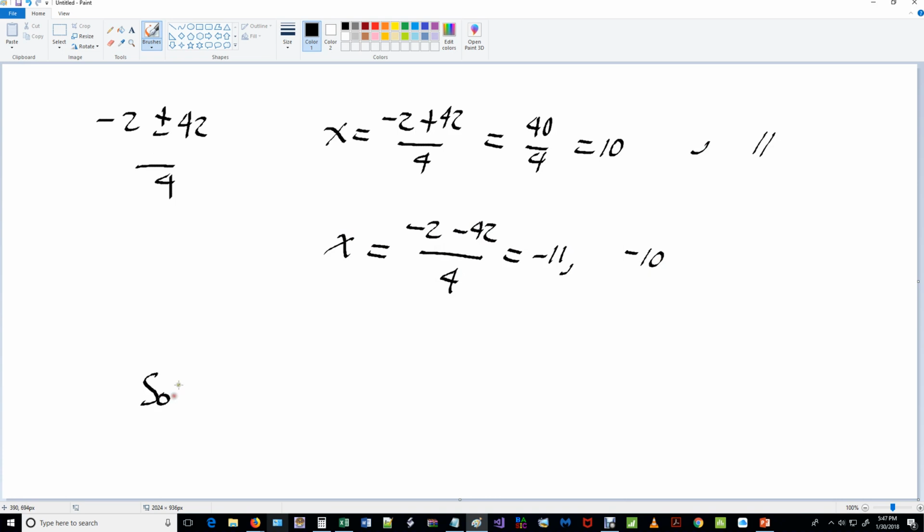So the solutions are, there are actually two, 10 and 11, and then separately minus 11 and minus 10. Now they look kind of weird, but the consecutive integer is found by adding 1 to the first one, right? 10 and 10 plus 1, which is 10 and 11, and then minus 11 and minus 11 plus 1, which is minus 10.